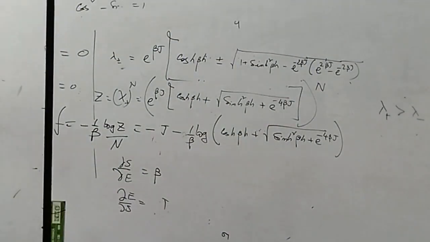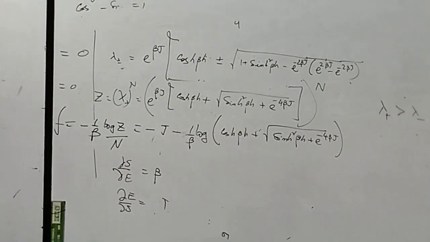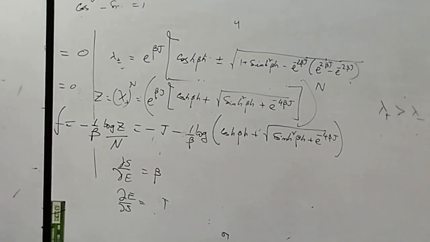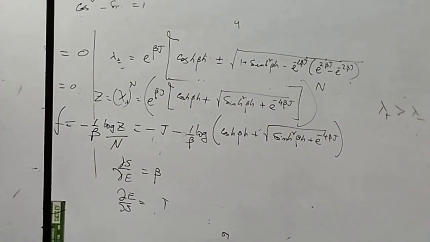আমরা নিউটন, ফার্স্ট ল অফ থার্মোডাইনামিক্স কি? dE equal to dq minus P dV, অথবা dF equal to minus S dT minus P dV.